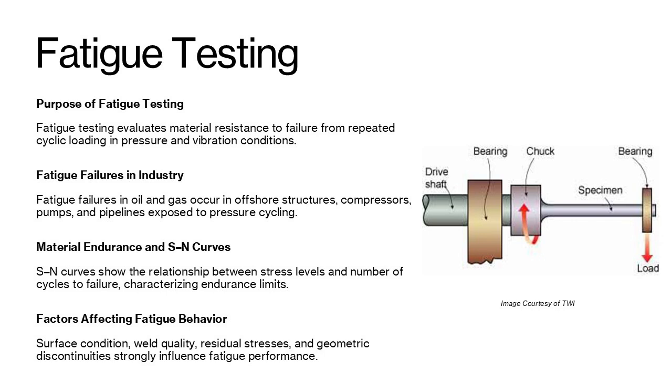Inspectors must understand that fatigue failure often occurs below the yield strength, meaning that materials can fail even when stresses remain within elastic limits. Fatigue behavior is highly sensitive to surface condition, weld quality, residual stresses, and stress concentrators such as notches or geometric discontinuities.